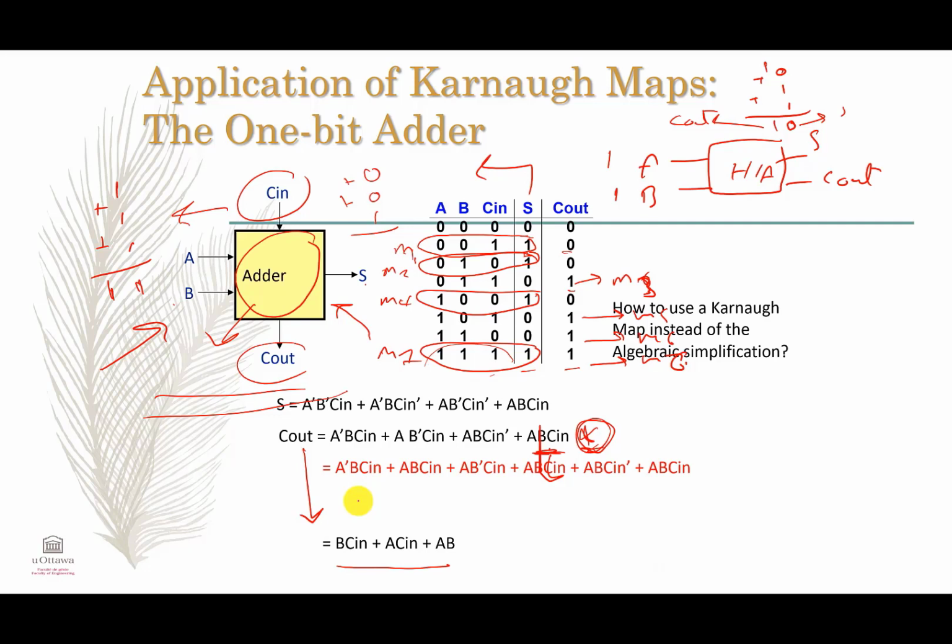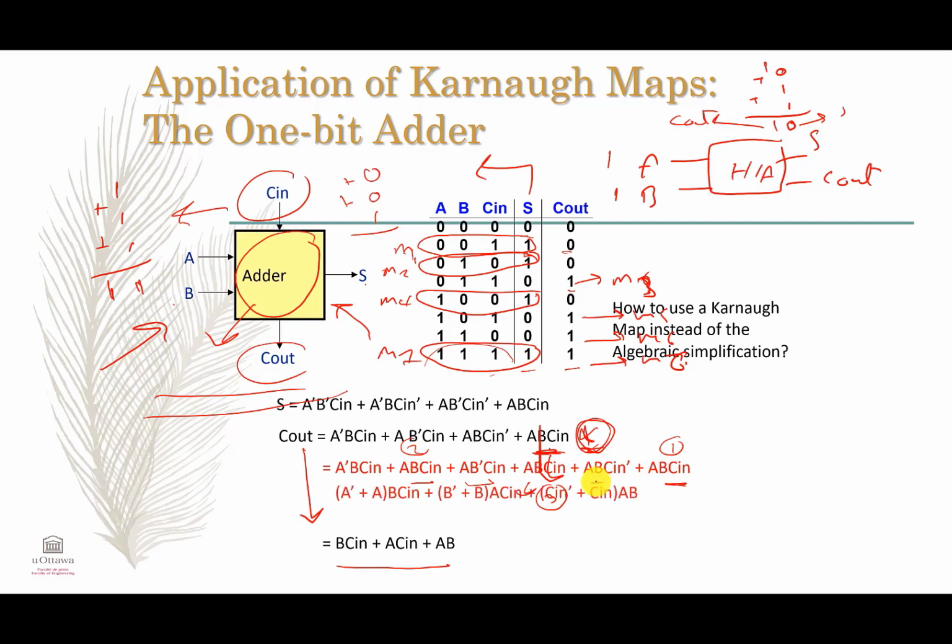Okay, so I repeated this how many times? This is 1, and I repeated here 2, and here 3 times. Then, as you can see, here I can take BCN as a common factor, for this one I can take ACN as a common factor, and here I can take AB as a common factor, okay?